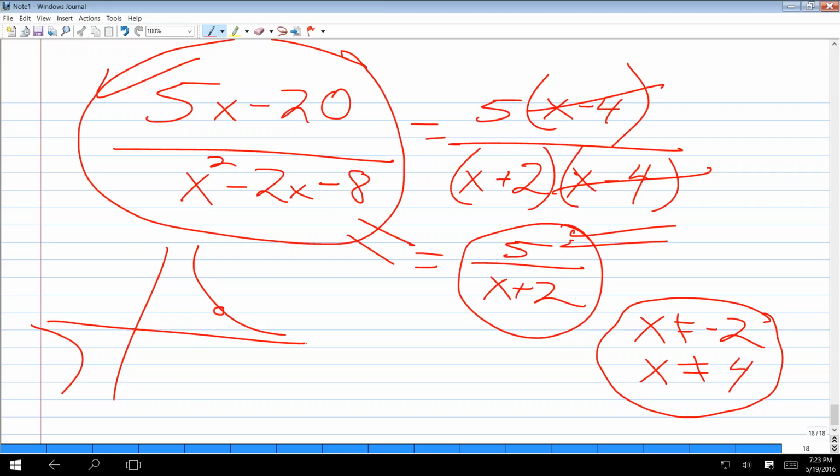And so when it is that, then it creates a hole? Yeah. Your calculator won't show that hole, but that's what a hole is called. When you get into a little bit more advanced algebra, they'll talk about vertical asymptotes, horizontal asymptotes, and holes. And a hole is created by this situation that we just had.